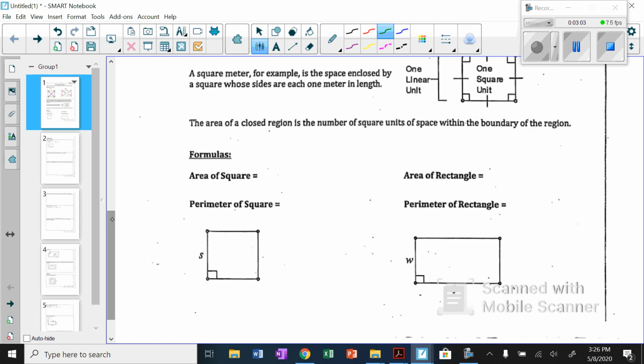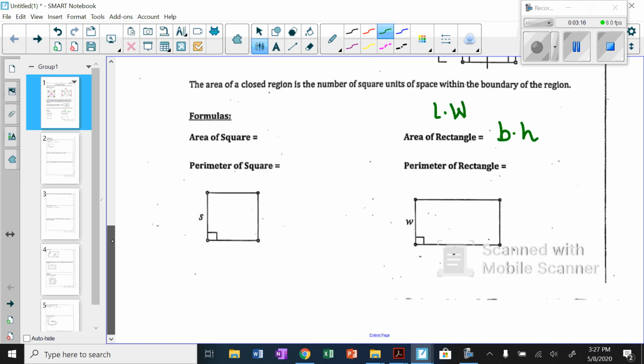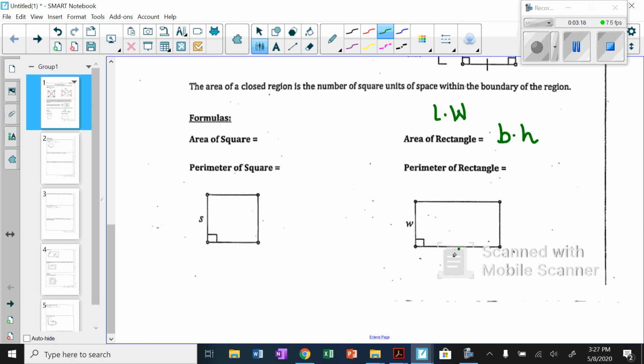So let's start off with a rectangle first. Area of a rectangle, back in the day, you used to say length times width. Length times width is great. I'm going to go for base times height. So if there's your L, there's your W, it's length times width, or B times H. Now, if you remember, the perimeter is the outside.